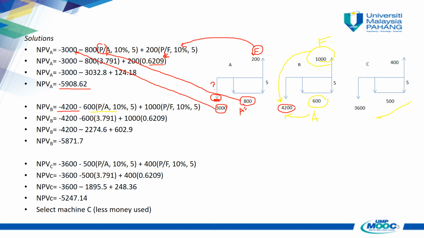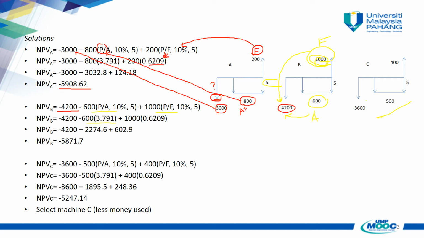We call this finding P when we know the F, multiplied by 1000. For the 600, we multiply by 3.791.